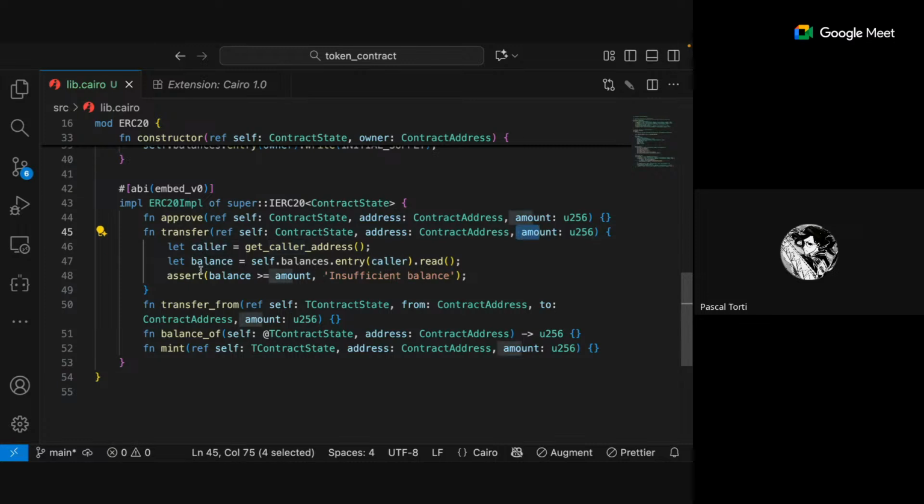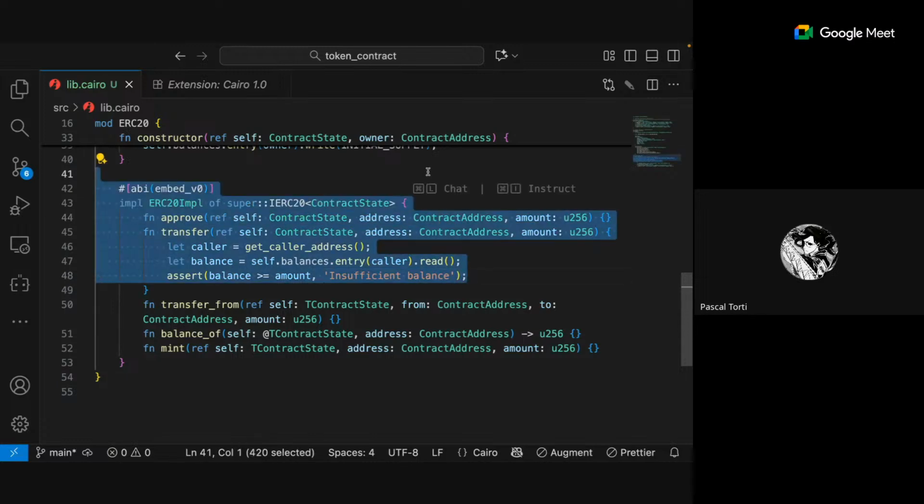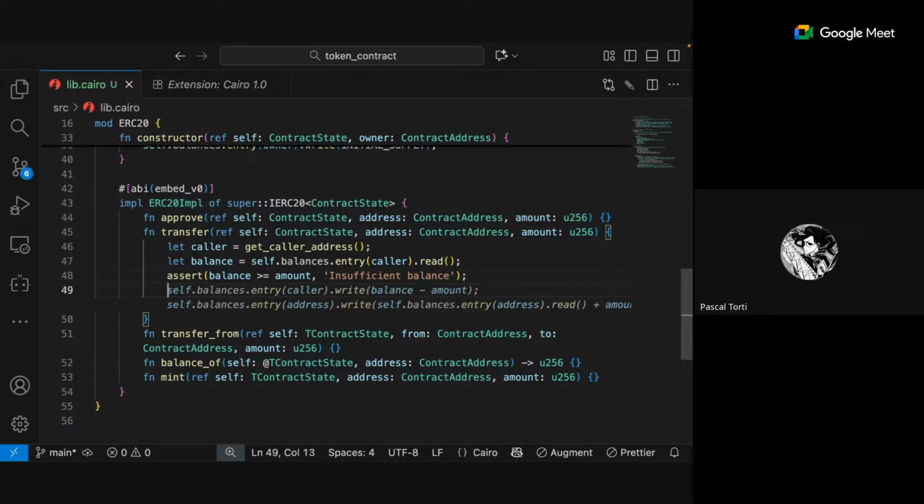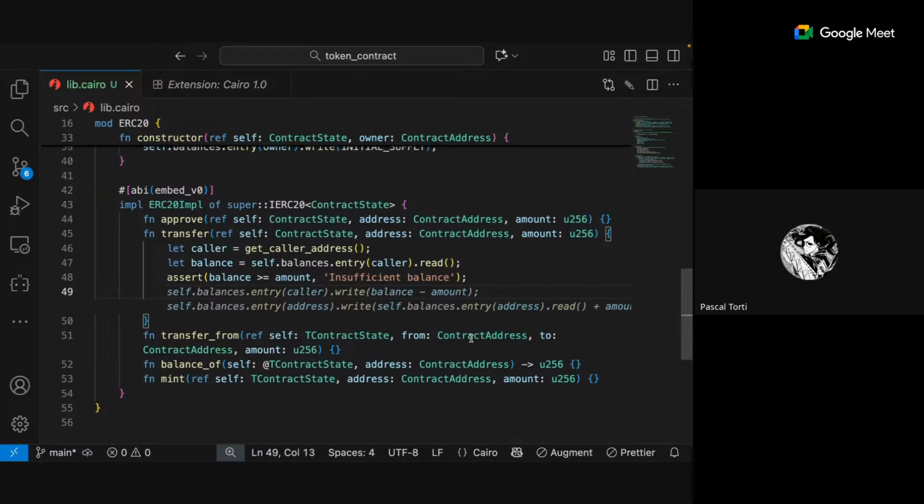If not, use assert here. Assert if balance is this, if this function is true. If it returns false, it throws an error and reverts the whole operation. So now what I'm going to do is just manipulation of numbers. You remove from this and you add to this.